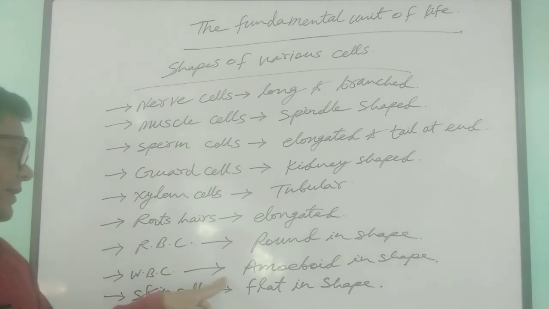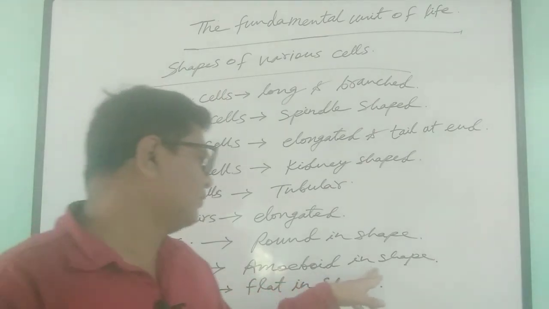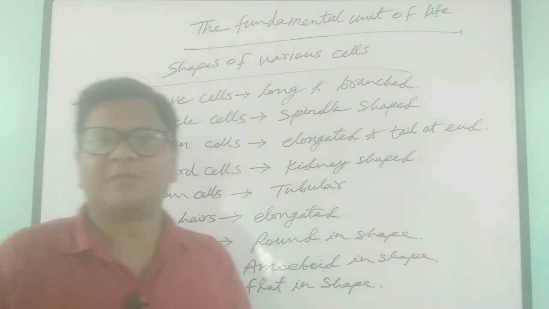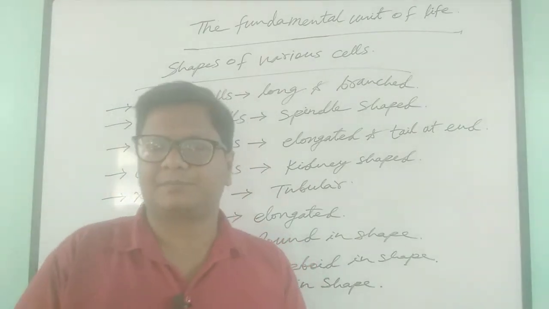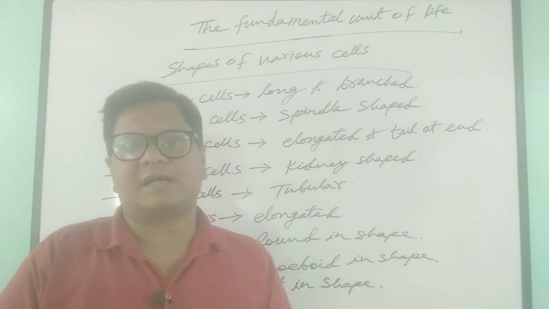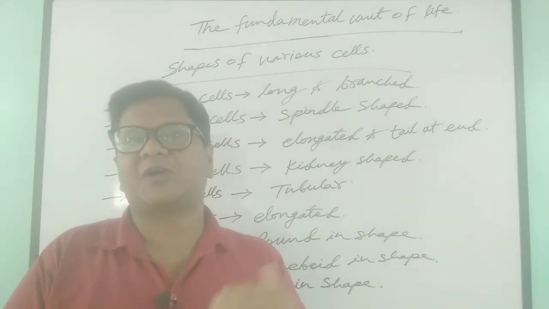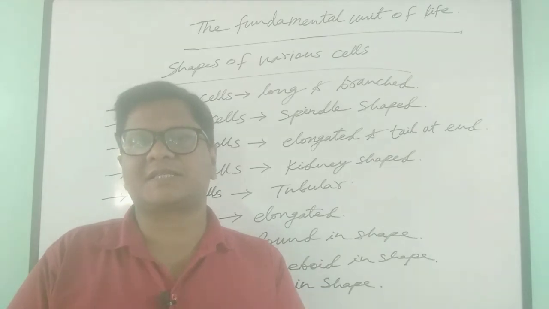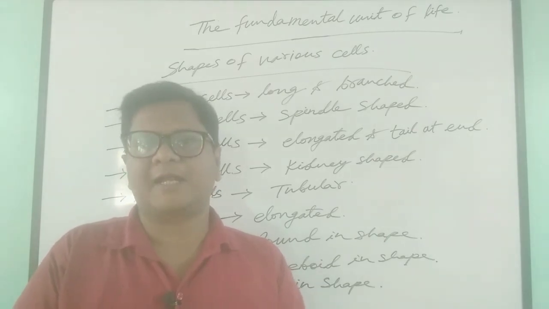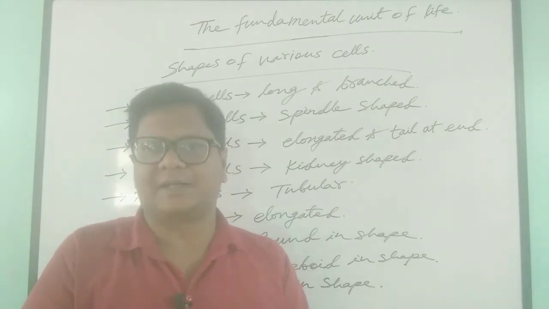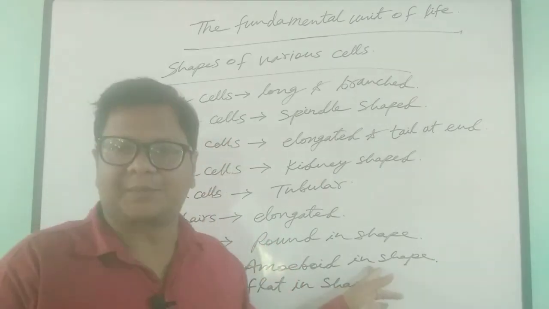Now WBC: the shape of the WBC cells is amoeboid. Amoeboid means irregular in shape. Just as we know that an amoeba has an irregular shape, it can take the shape according to its needs and the availability of nutrition. It changes its shape.